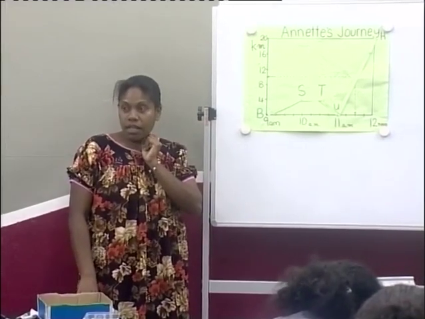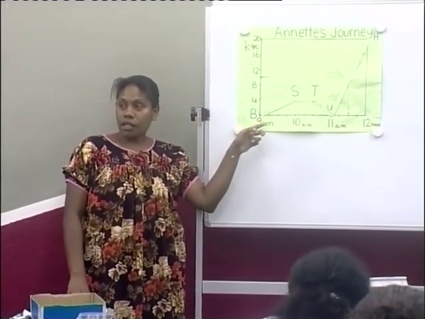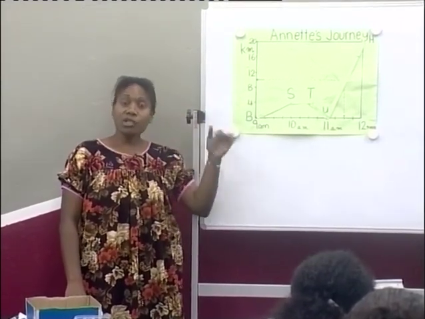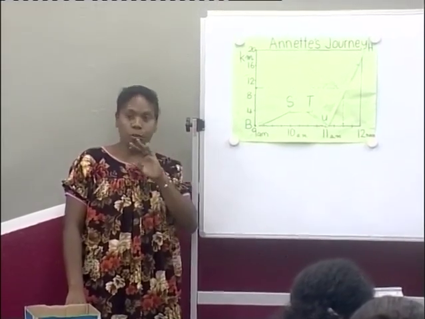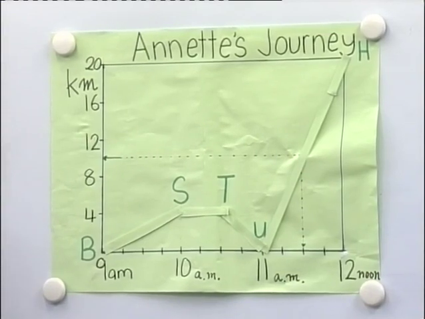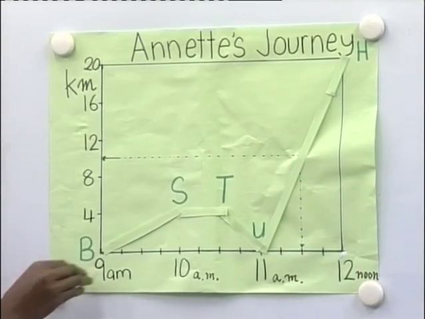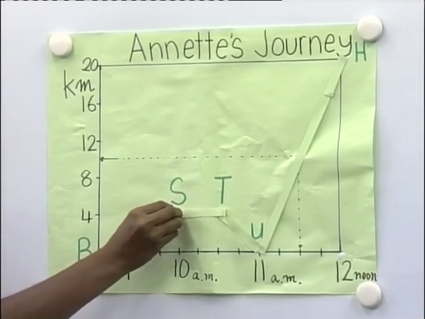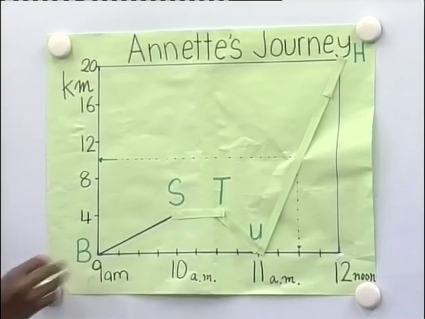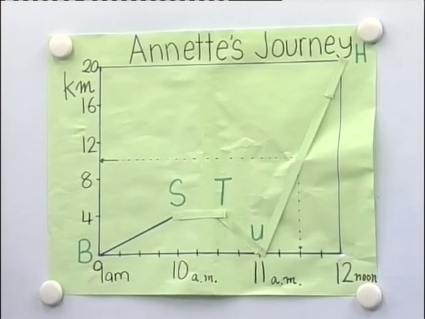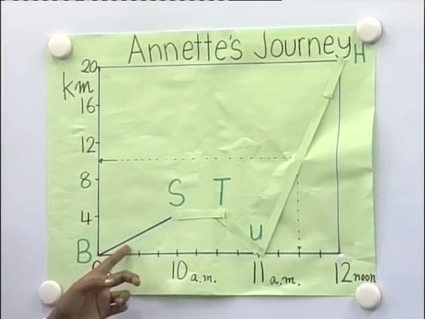Now it's time for her to go back to her home. Right now she's at her Bubu's village, but she has to go back to school and go back home. So what she does is she walks to a friend's house from her Bubu's village, and it takes her 4 kilometers per hour.